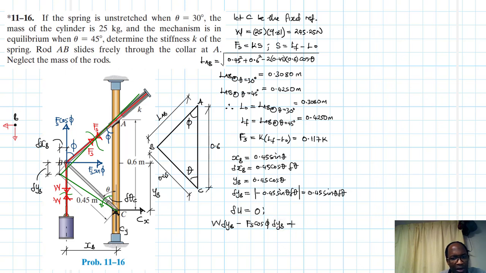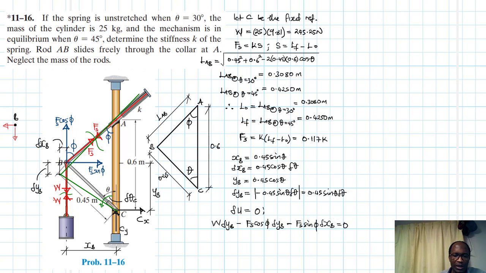Then we have another negative in the horizontal, fs sine phi del xb, and this is equal to 0.